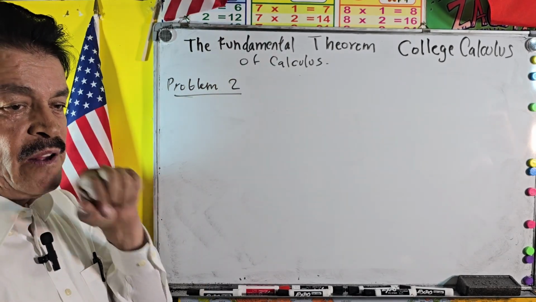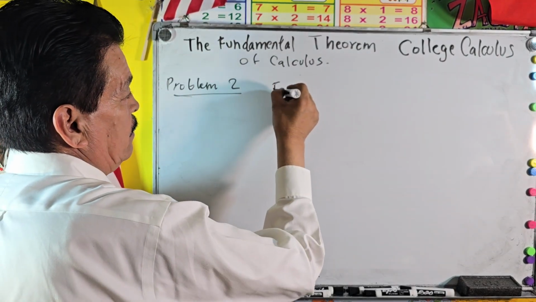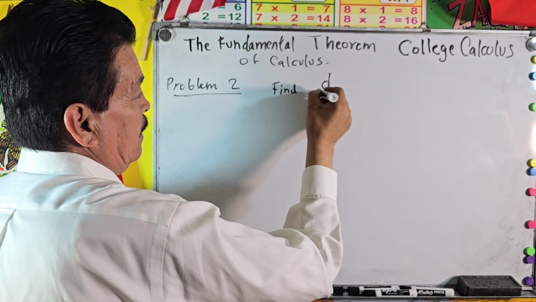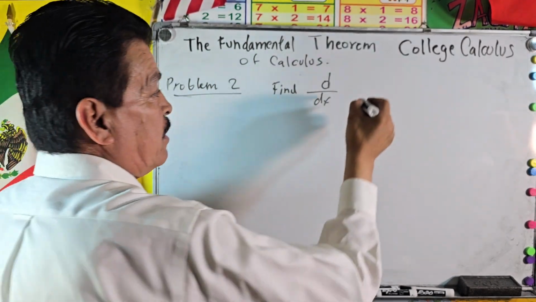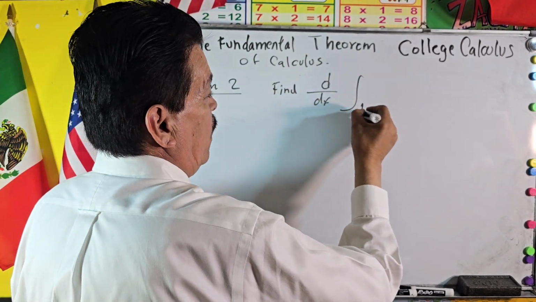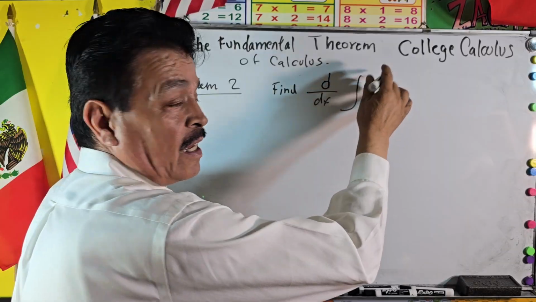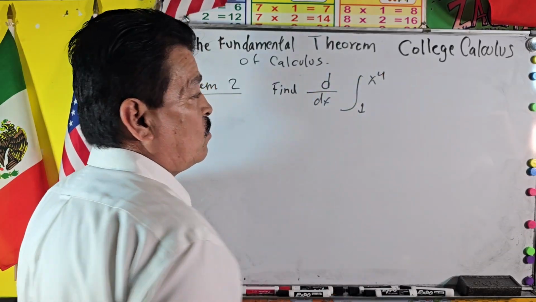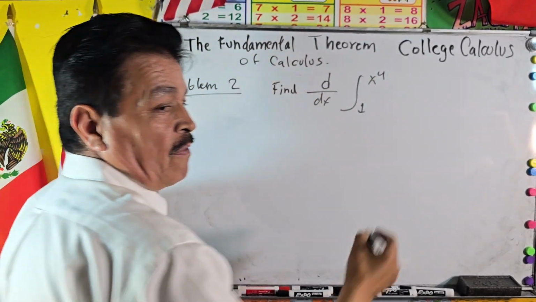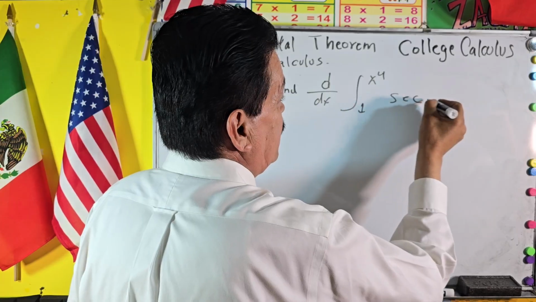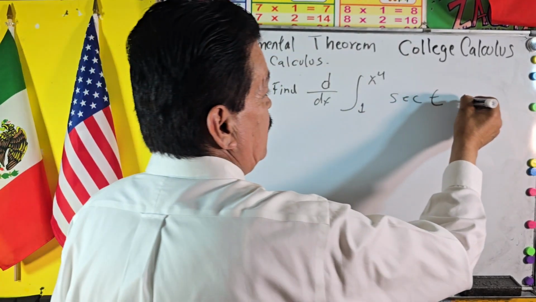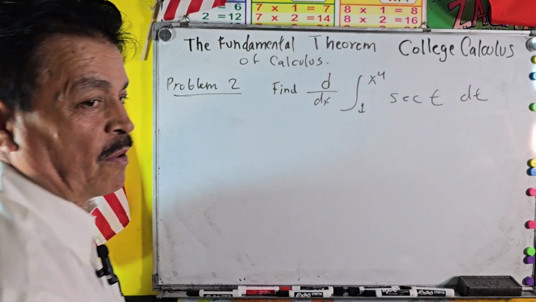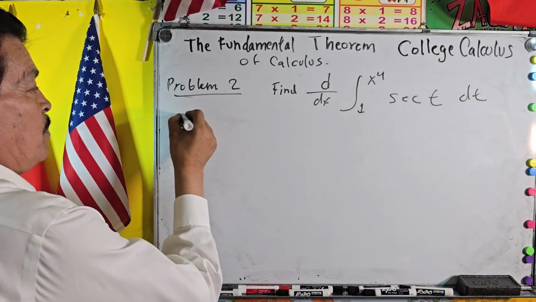Number 2, we have to find d over dx of the integral from 1 to x to the fourth power of sec t, the derivative t. Here it is more difficult. All right, this is our problem. So what is the solution?